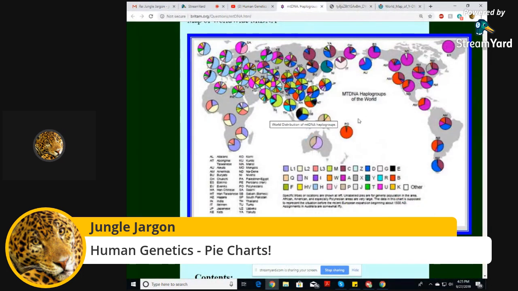And of course, this would be the mtDNA haplogroups of the world, which also shows basically the same thing. How everybody's spread out from this central region right here. It went different directions. So that pretty much disproves evolution and confirms what the Bible says, that everybody landed in Turkey and spread out from there.